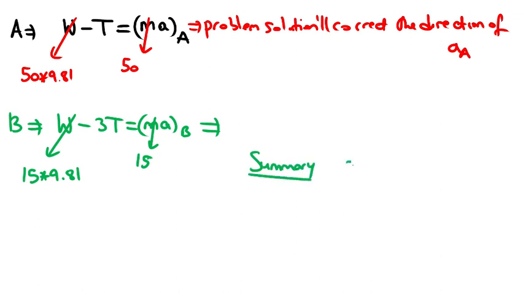What we have is 2 equations, and we have 3 unknowns. What are they?